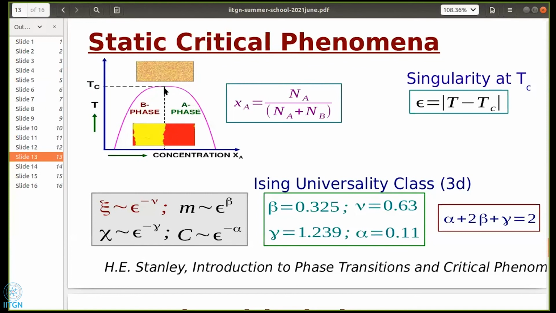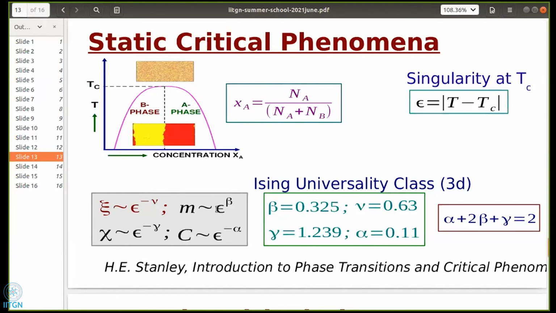So the order parameter has a finite value below the critical temperature, there is a jump at the critical temperature, and above it, it becomes 0. That is what is captured by this expression here, and the exponent beta captures the singularity of this quantity.